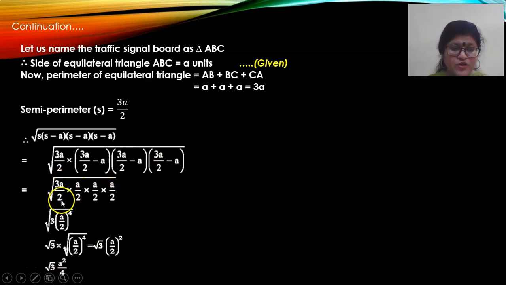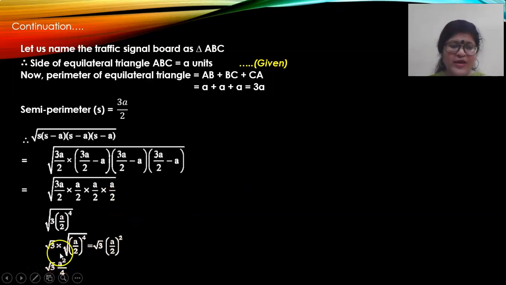Now this 3a by 2 can be written as 3 into a upon 2. So root a upon 2 into root a upon 2 means a upon 2 will come out. Take a book and write down this. Root a upon 2 into root a upon 2 means a upon 2. Similarly, square root of a upon 2 into square root of a upon 2 is another a upon 2.